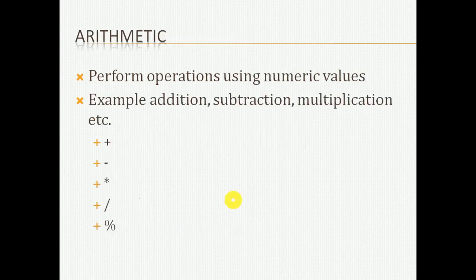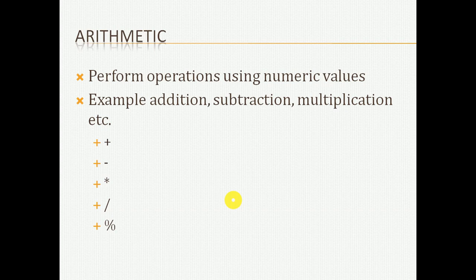Moving ahead, let's talk about arithmetic operators. Arithmetic operators are used to perform operations on numeric values. If a variable has a numeric value assigned to it, you can use arithmetic operators on it, or you can simply use them on the numeric values.